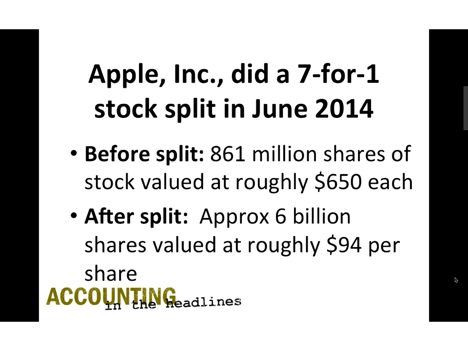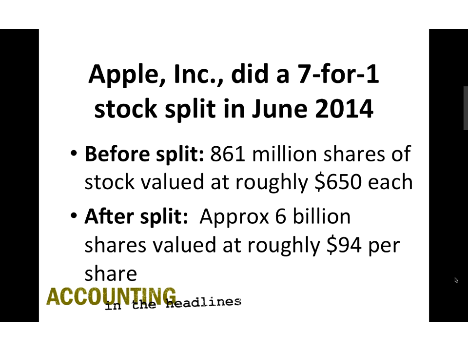The reason Apple did this is they felt that with their share price hovering around $650, it really limited the number of people who would buy their stock, because that's a big price tag for one share of stock. So Apple said, we're going to split 7 times. If you have 1 share of stock in Apple, after the stock split, you're going to have 7 shares.